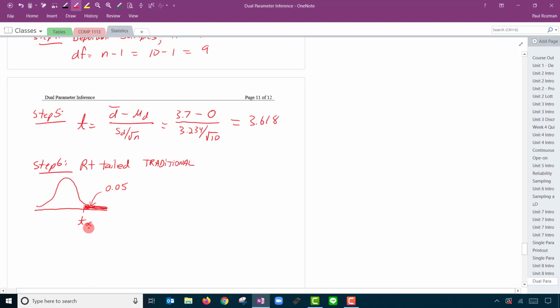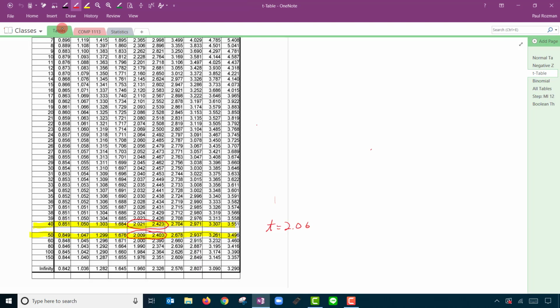And now we need to figure out what this t-score is on my t-axis based off of 5%. In order to do that, I need to remember that the degrees of freedom are still 9. So I'm going to look up 9 and a probability of 0.05 to the right in my t-table.